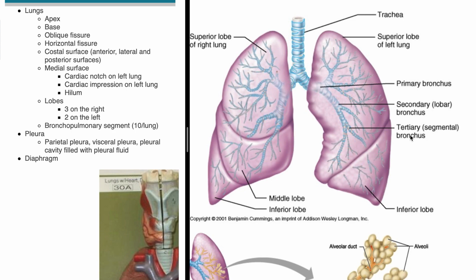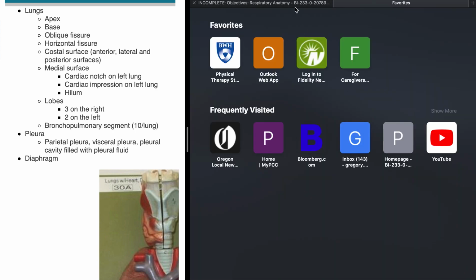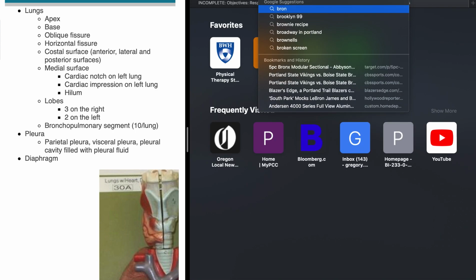And so every tertiary bronchus leads to a single what's called a bronchopulmonary segment. And your lung, if you look at this, it really is like a tree. And each one, let me just show you a picture of it. I think it's a little bit easier to see.